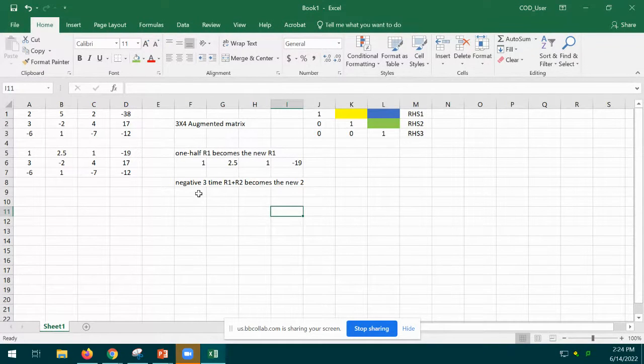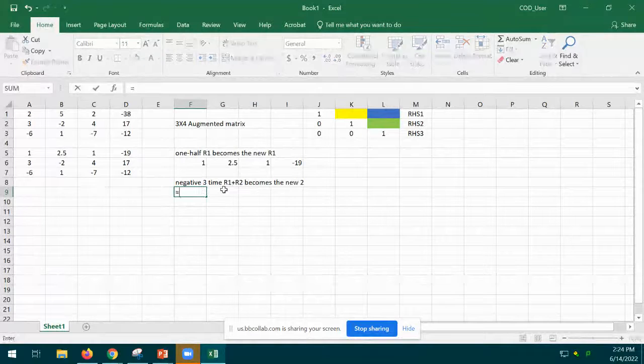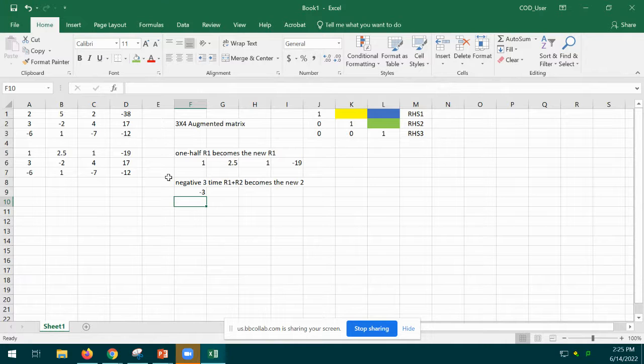I am going to do some calculations just here. In fact, you would be doing it by hand. I probably will. Okay, so this is -3 times that one, and that's what I get for that one.